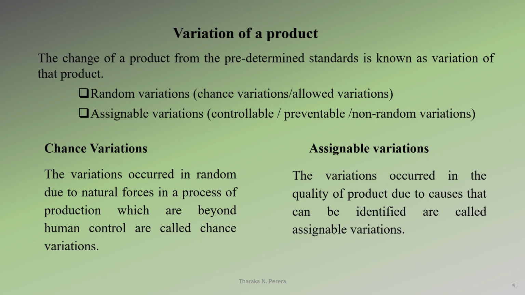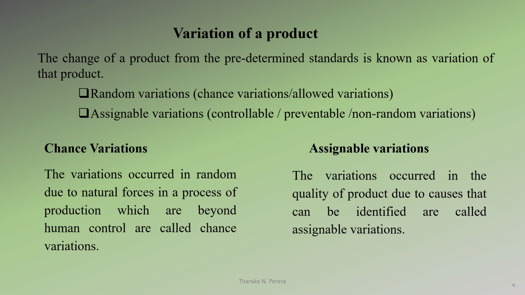As examples, machines not being fixed properly, use of defective raw materials as inputs, machines being depreciated, laborers becoming tired, unhealthy or untrained laborers, and machines not being maintained correctly.